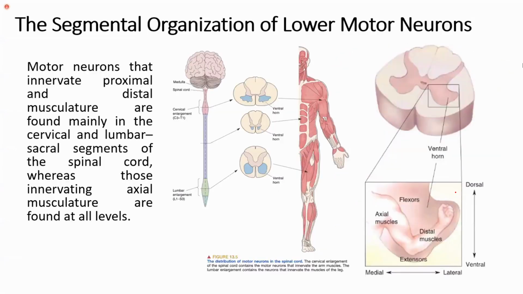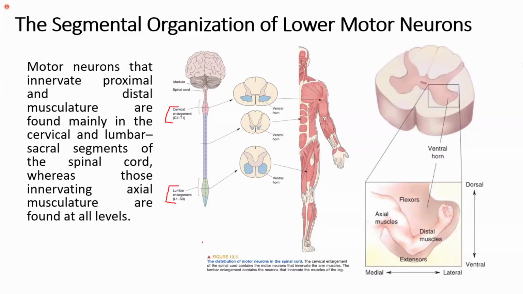These lower motor neurons are fairly organized. The ones that innervate the proximal and distal muscles are mainly found in the cervical, thoracic, lumbar and sacral regions of the spinal cord. The ones that innervate the axial muscles are found at all levels of the spinal cord.